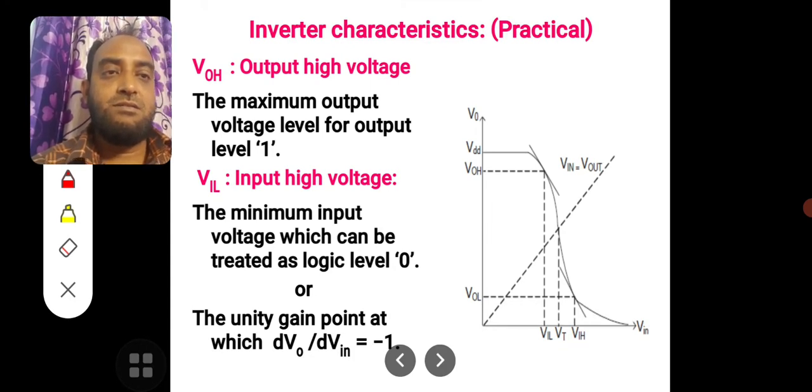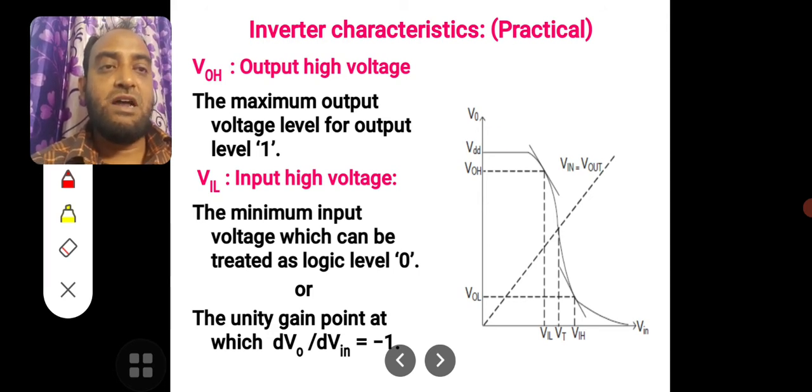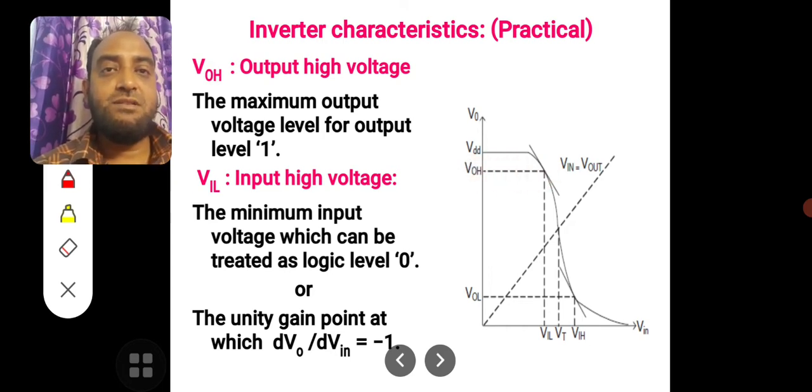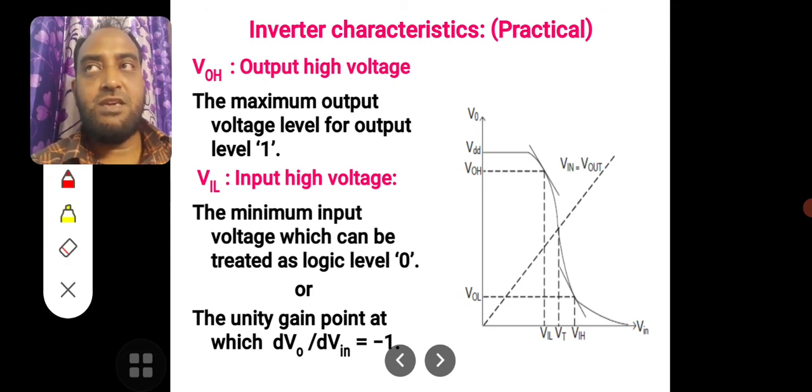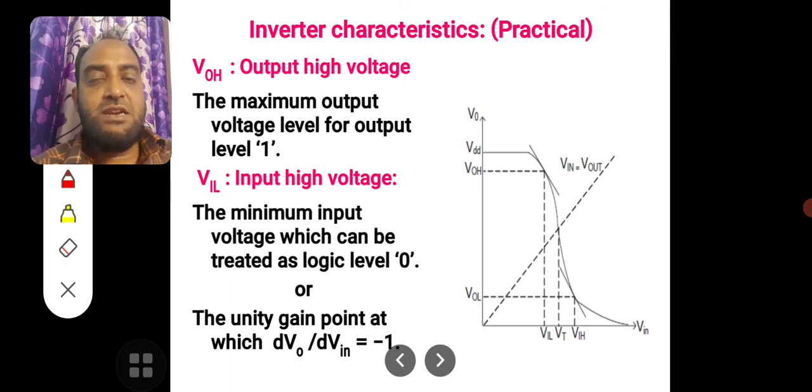But practically, the output will not be at VDD, but a little less than VDD, because there will be a little drop at the pull-up device.